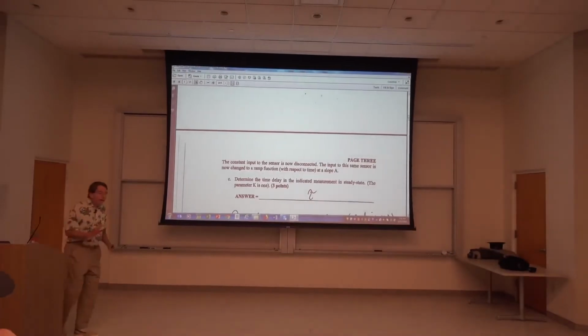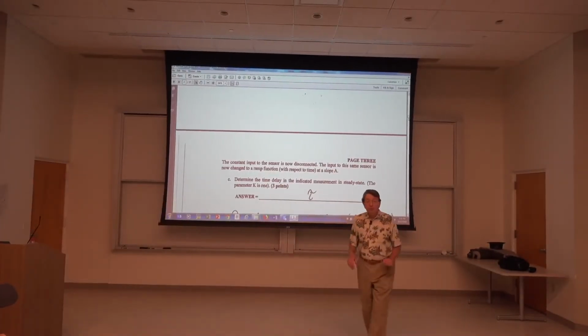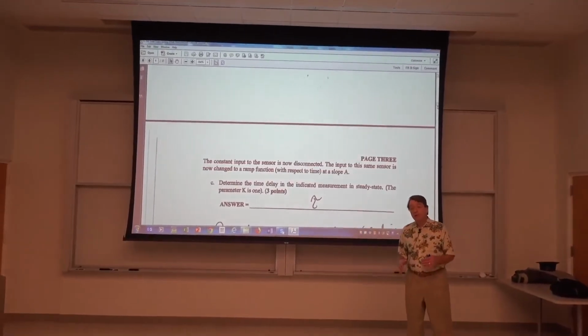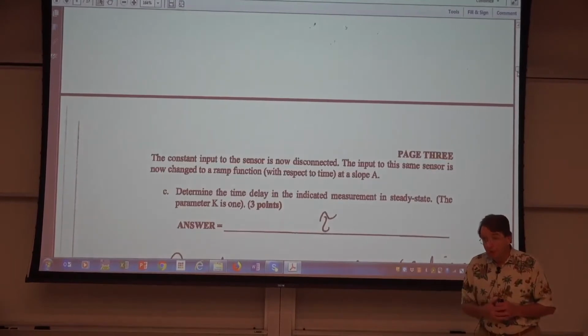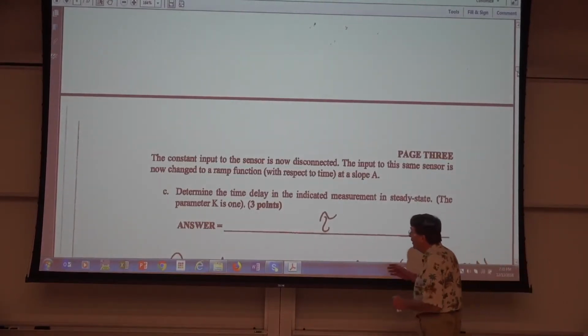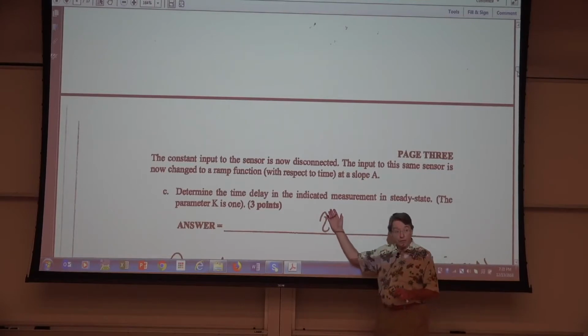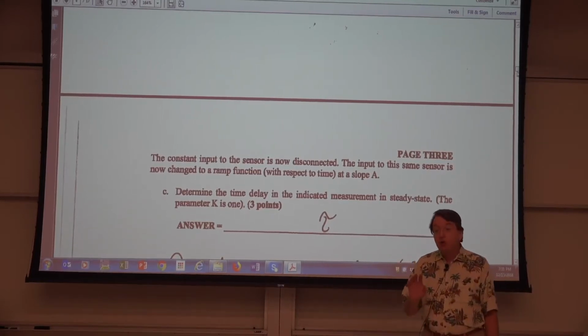Now, I throw in a little bit of Chapter 11. Chapter 11 dealt with errors and so on. So we also had a ramp input to our first-order system. Now, a question I typically get is, can we just write down the answer for this type of question, or do we have to prove it? You can just write down the answer. So I think this is something that you should know.